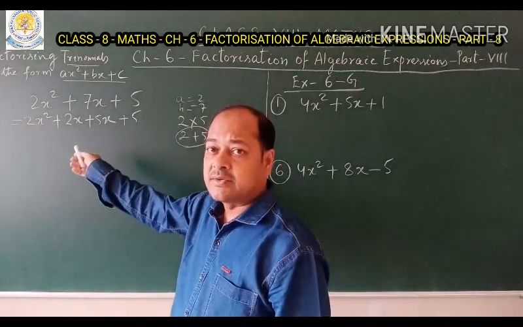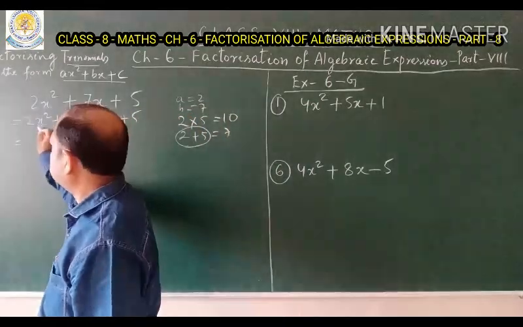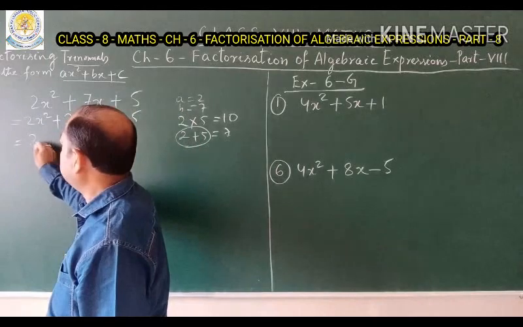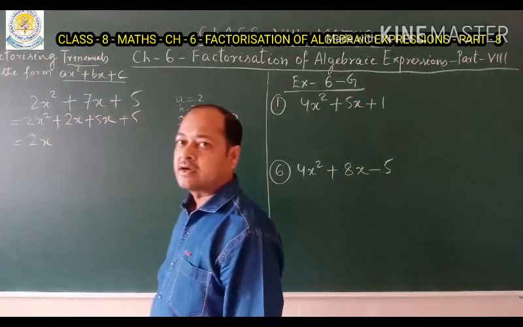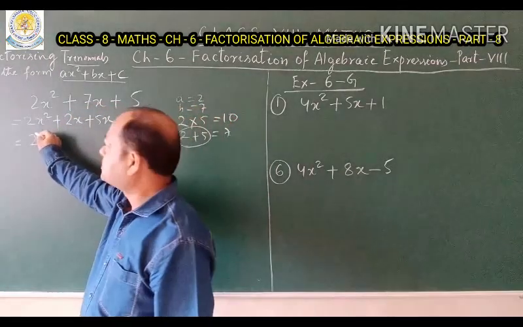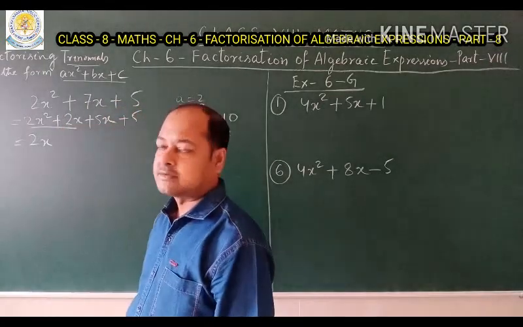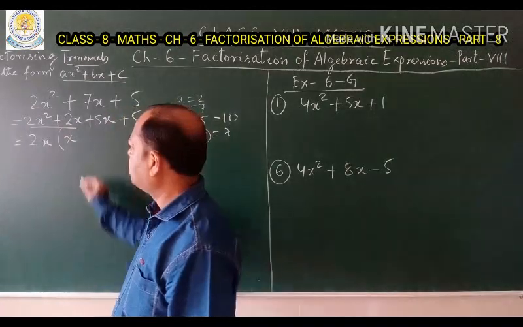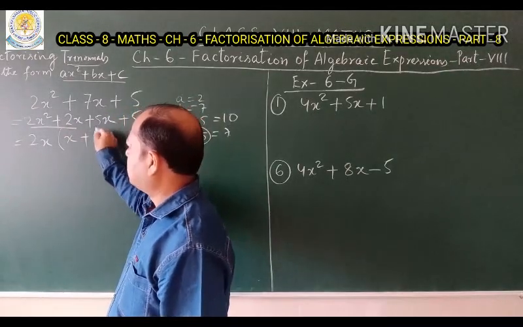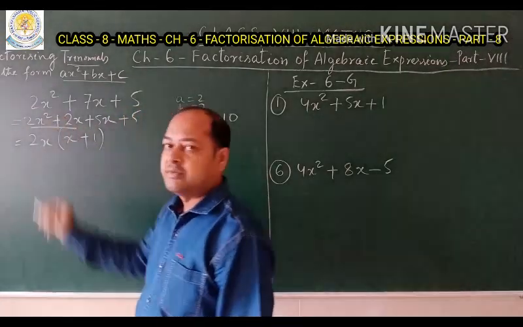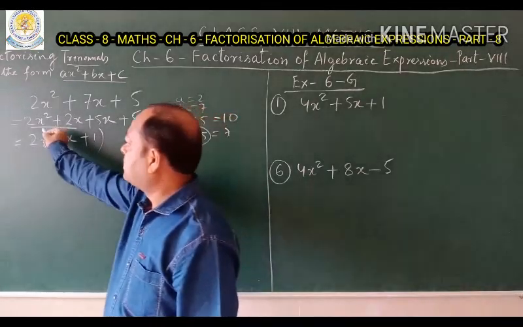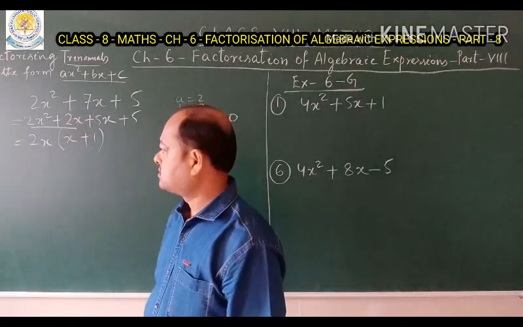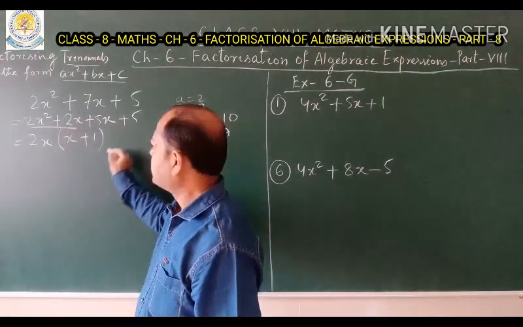Okay, after this you can take common. From 2x square and 2x, what is common here? That is 2x, you can take common here. If you take 2x common from these two terms, then what is the result? That is x plus 1 inside the bracket, because 2x into x will be 2x square, and 2x into 1 will be 2x, which is same as these two terms.